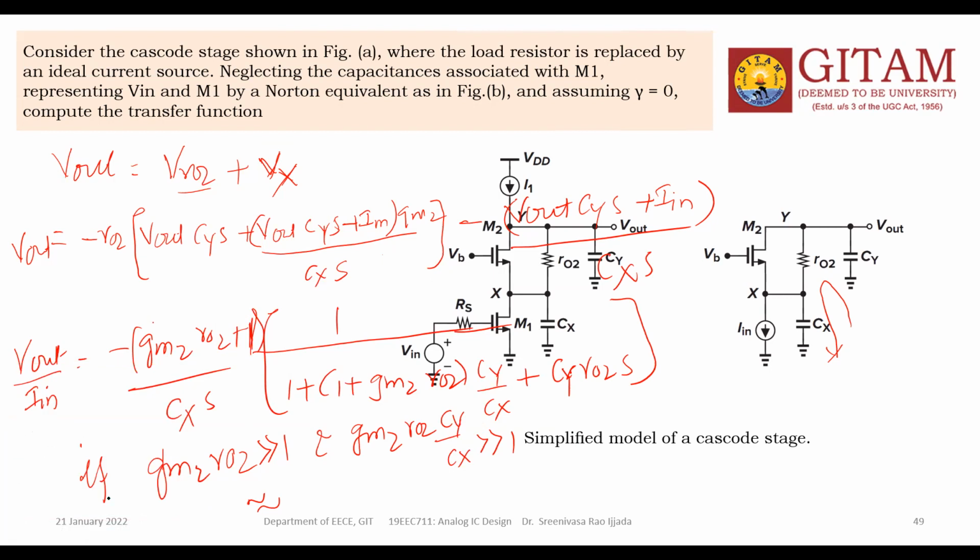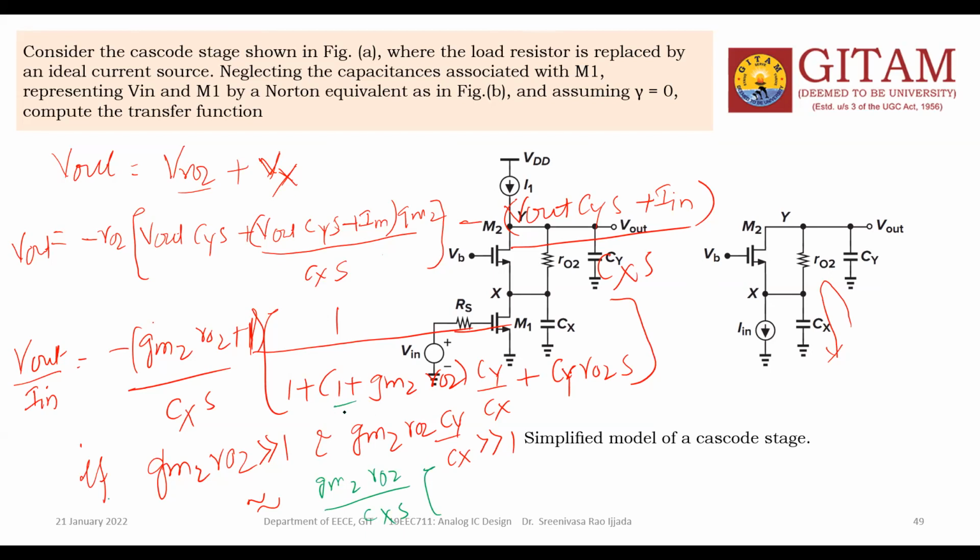Then you can write here gm2 r02, because 1 is negligible compared to CXS. In the bracket term, this 1 is negligible because the other term is much greater than 1.